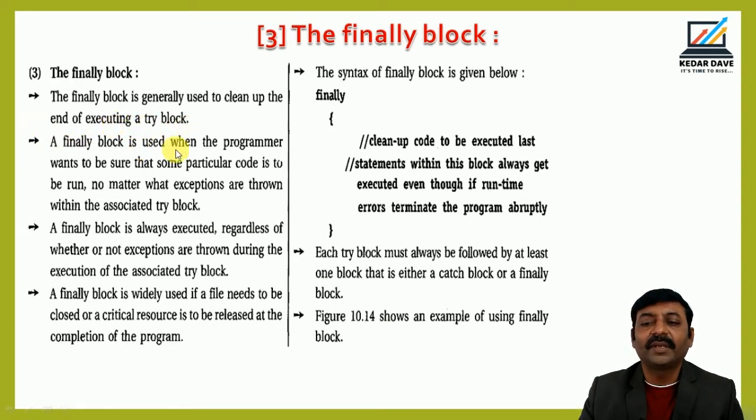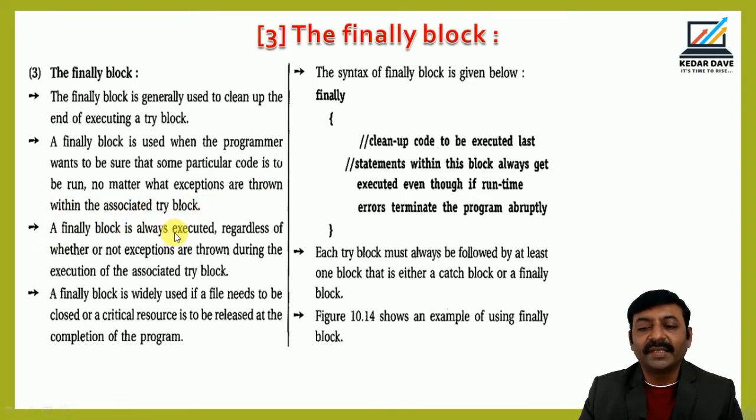And the finally block is used when the programmer wants to be sure that some particular code is run, no matter what exceptions are thrown within the associated try block.